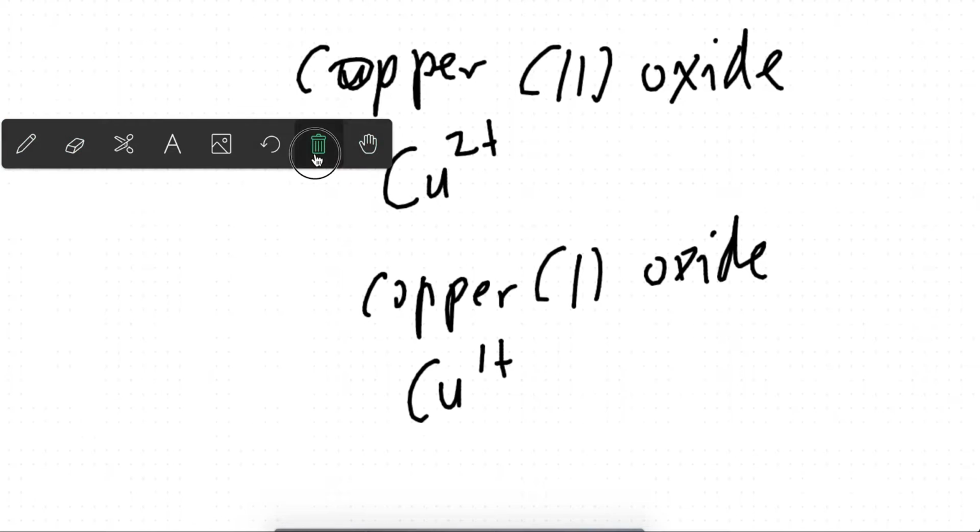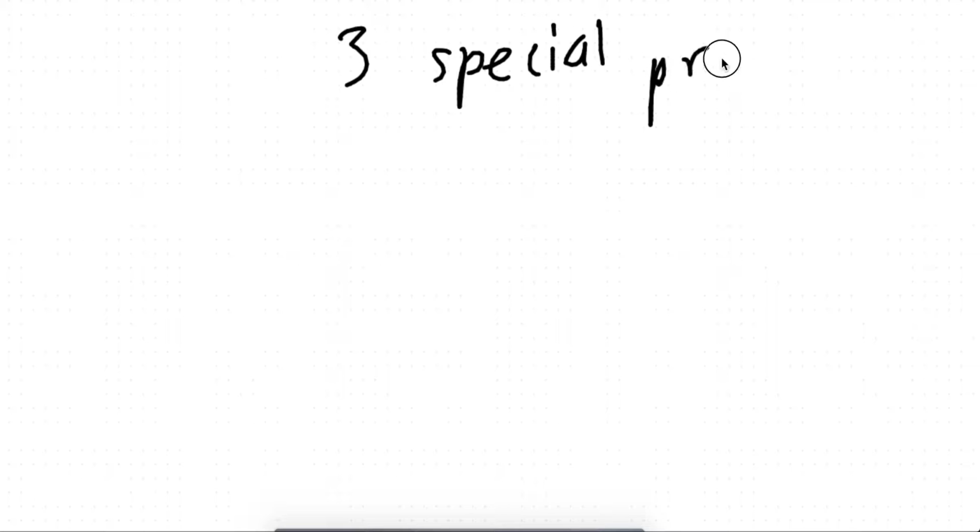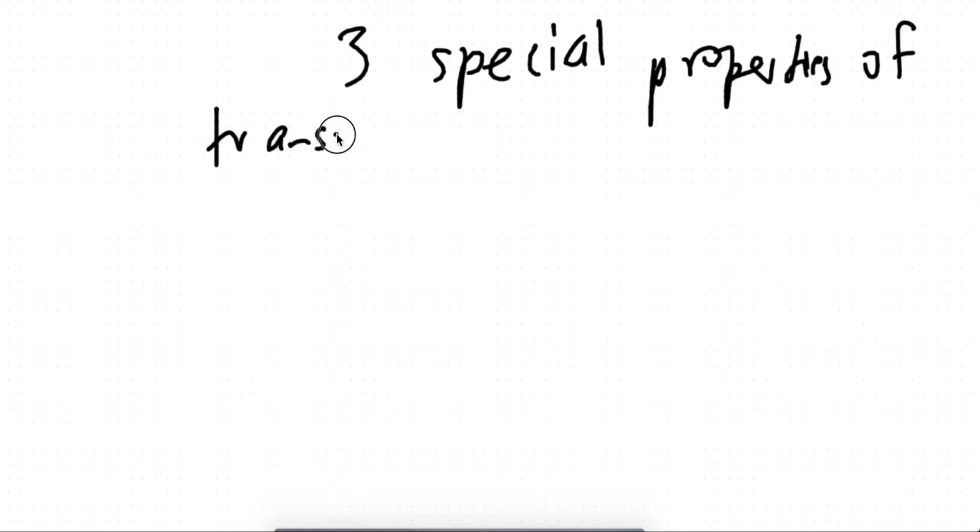So let's see. 3 special properties of transition elements. You guys need to remember this. The first one was the one we saw just now. Remember copper, you have copper 1 plus and copper 2 plus. So the difference in the charges, they are called oxidation number.